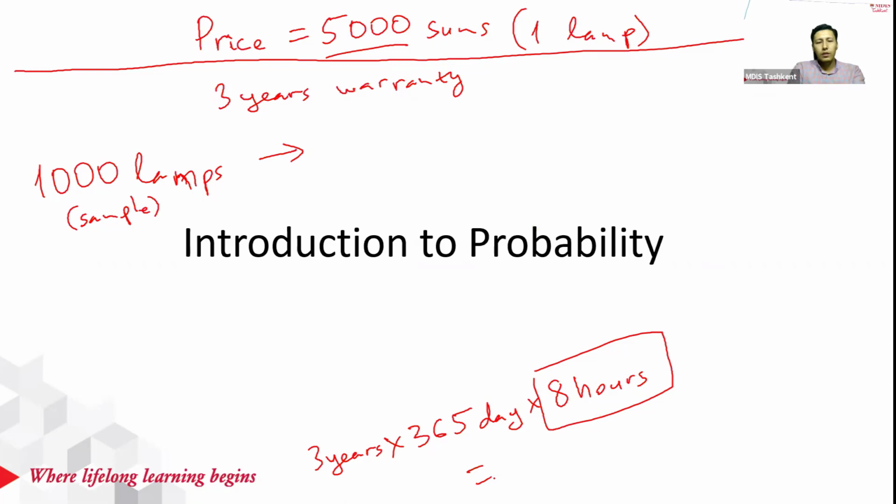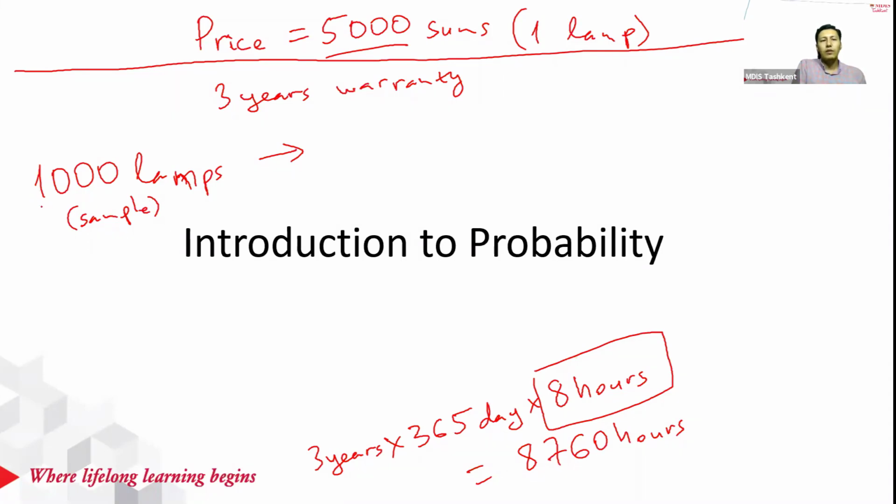So you get, calculator, 3 times 365 times 8, you get 8,760 hours. So that means each lamp will work approximately 8,760 hours in 3 years.